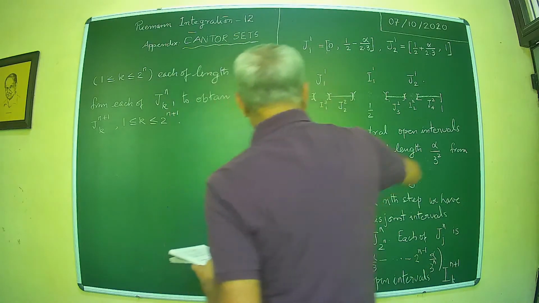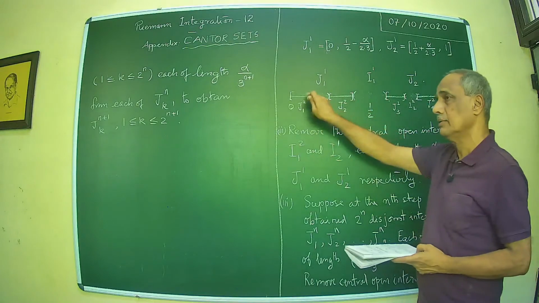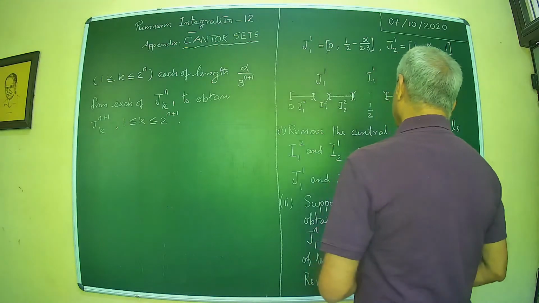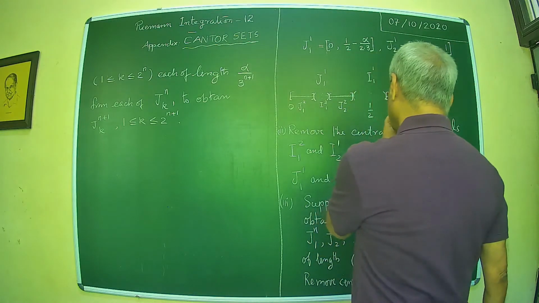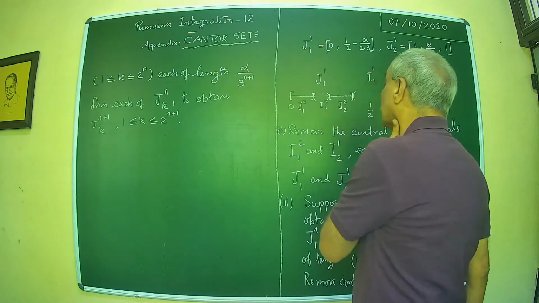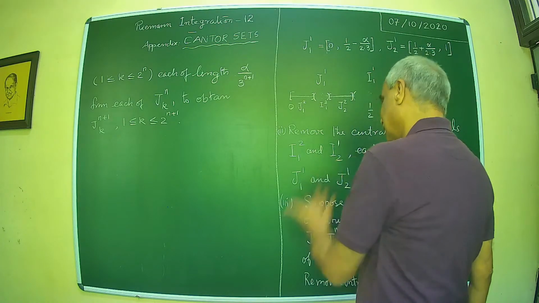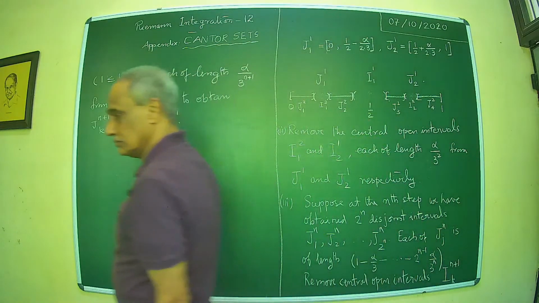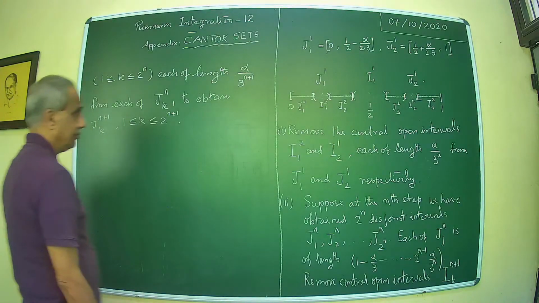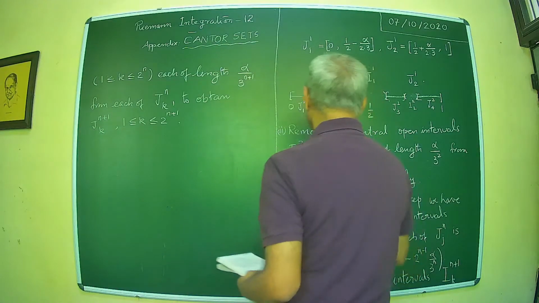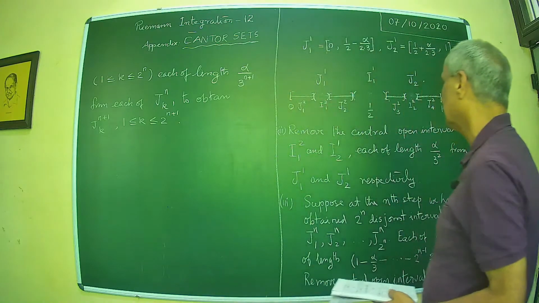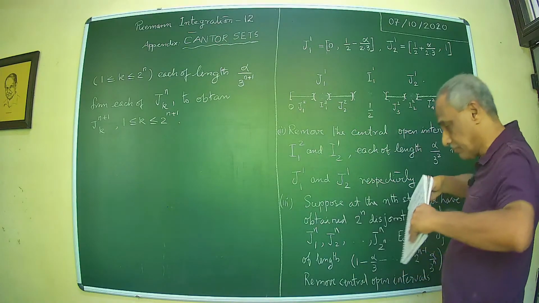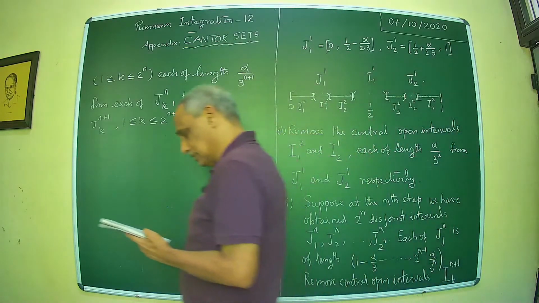So successively you keep removing the middle portion, an interval of length, earlier alpha by 3, then alpha by 3 square, alpha by 3 cube, etcetera, from each of these J's perspective. Okay. So eventually what happens? If you keep removing this, you see that much of the interval 0, 1 will get wiped out. Okay, so this is what happens.